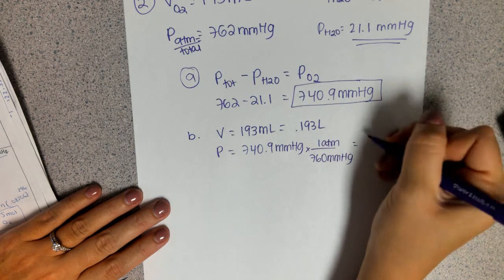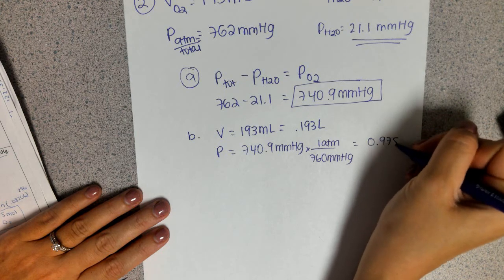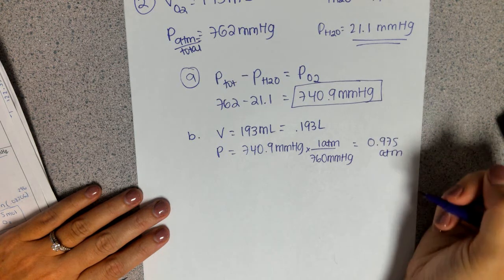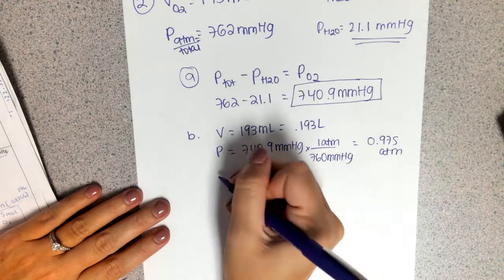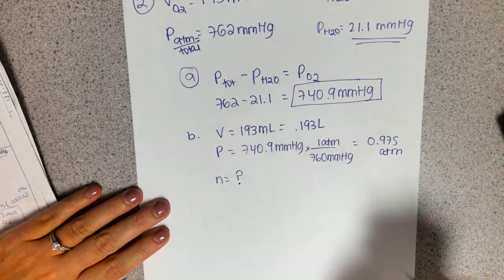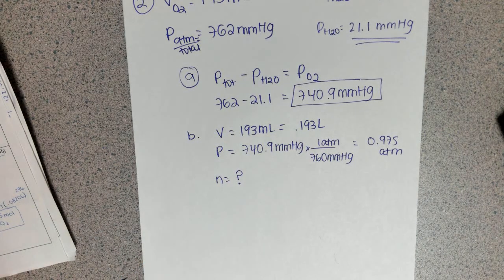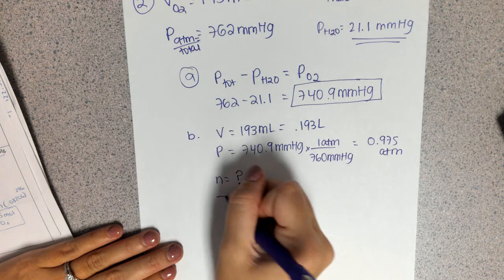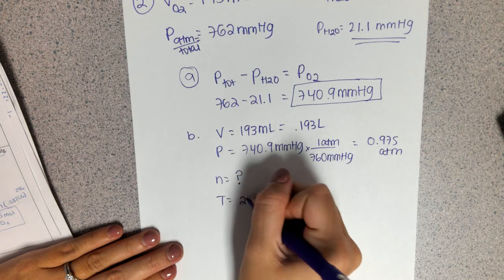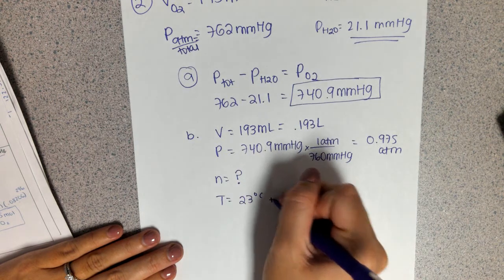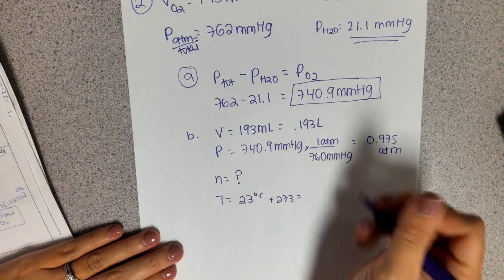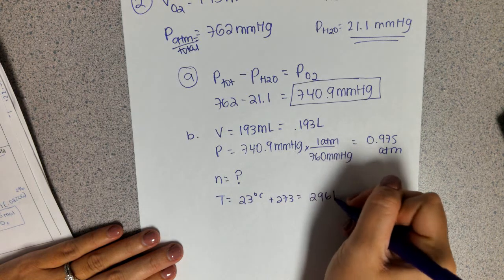That is 0.975 atm. I'm looking for moles. I don't know that. I do know the temperature was 23 degrees Celsius, which add 273 to get it to Kelvin, 296 K.